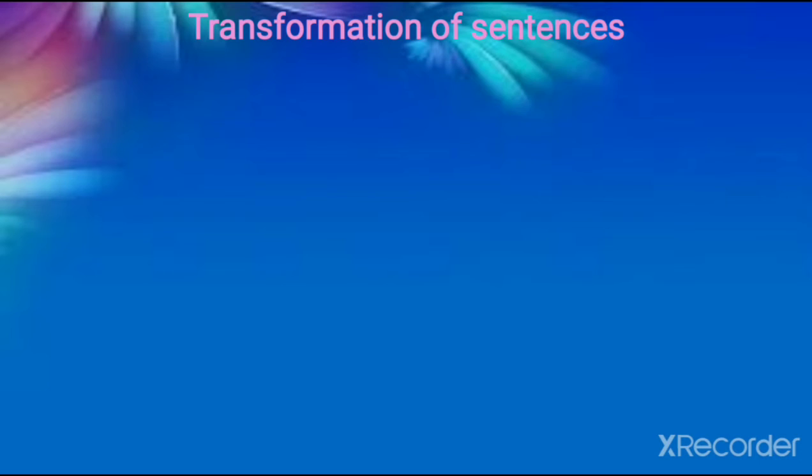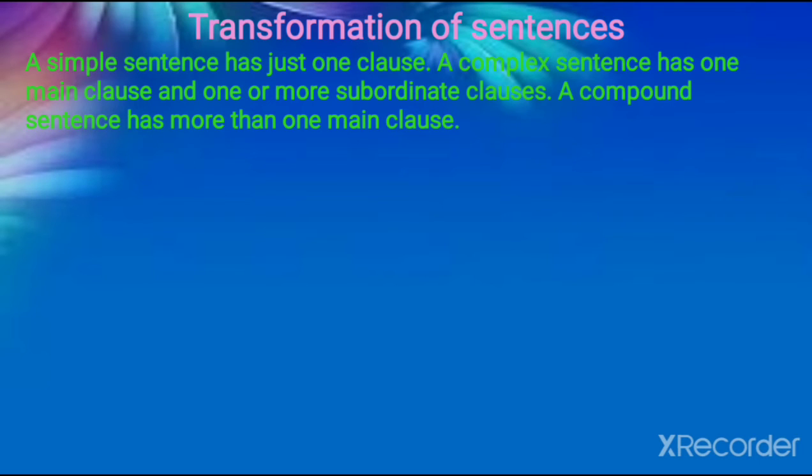So, a simple sentence has just one clause. A complex sentence has one main clause and one or more subordinate clauses. A compound sentence has more than one main clause.